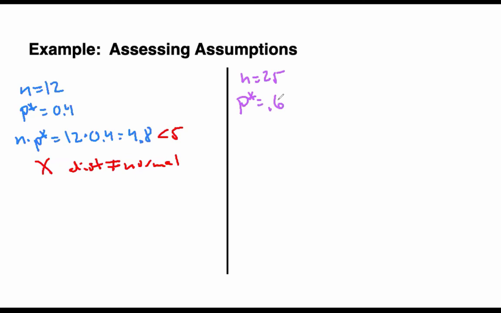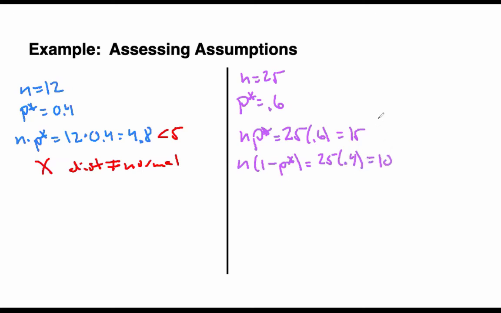I look at both n times p star. That equals 25 times 0.6, which equals 15. If I also look at n times 1 minus p star, that's 25 times 1 minus 0.6, which is 0.4, which is 10.